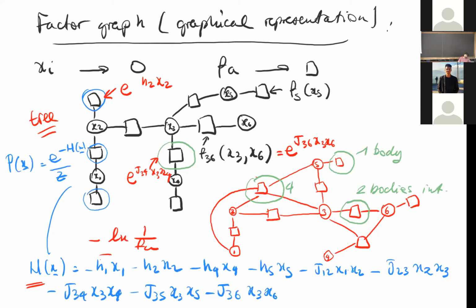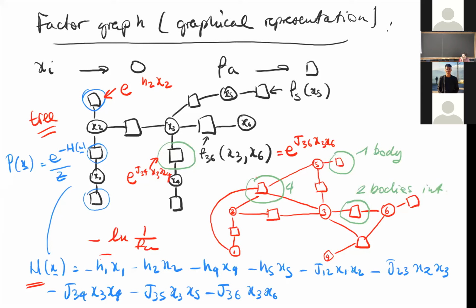So, for this graph, not all x will have a single factor, because x3 and x6 all have interaction. Sorry, the question is not clear.